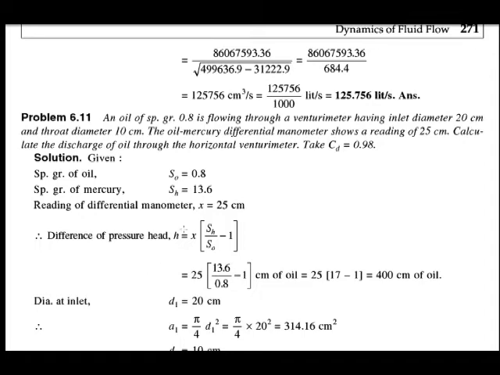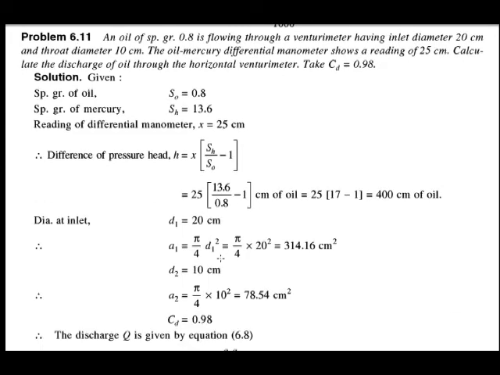The formula is H is equal to X in bracket SH upon S0 minus 1. So it is equal to 25 in bracket 13.6 upon 0.8 minus 1 centimeter of oil, which is 25 in bracket 17 minus 1. So the difference in pressure is equal to 400 centimeter of oil.